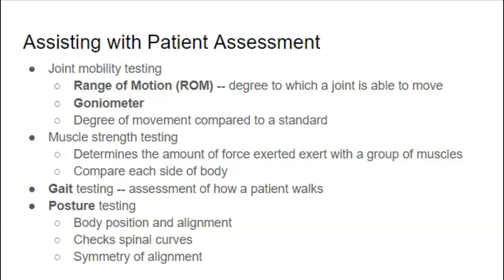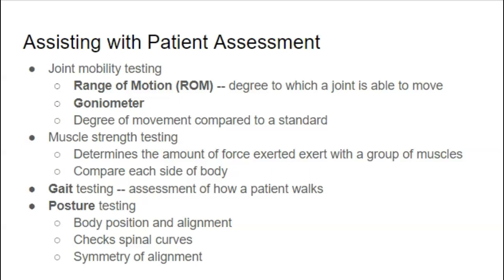And so it's important to measure that, and you can say, oh, this joint has 20 degrees less range of motion than your other joint. And so there is a comparison that has to be done, and there's a comparison to a standard. And so there are specific degrees that your joints should be able to move, and then they have to be assessed and documented if they're not considered normal.